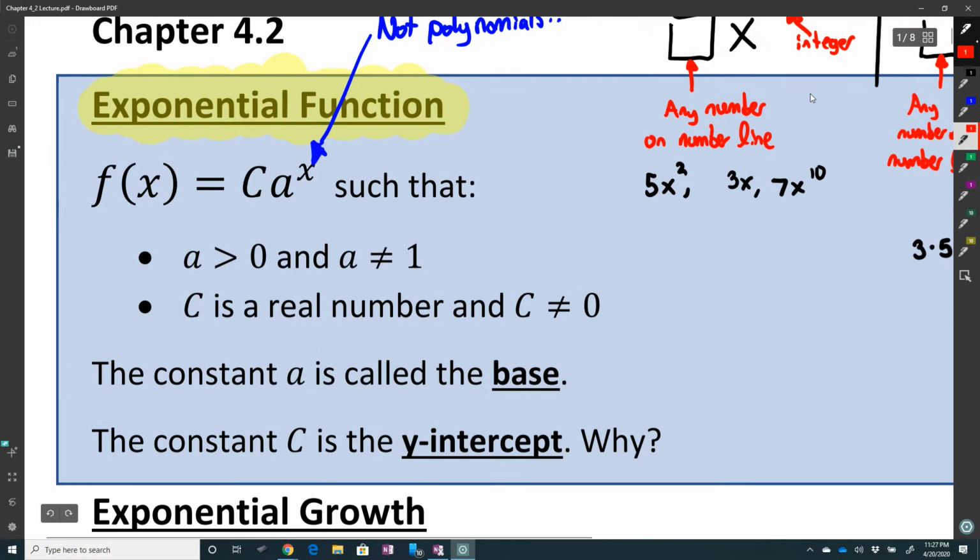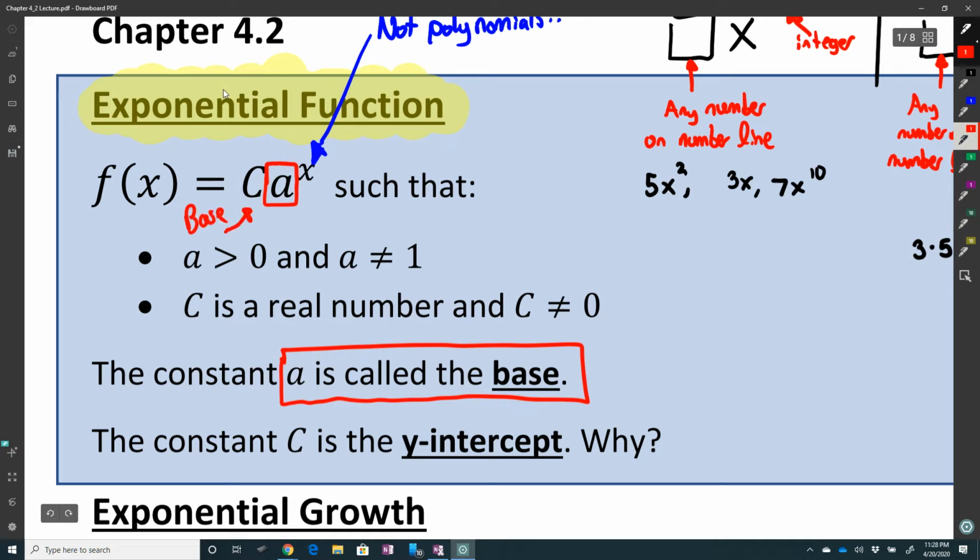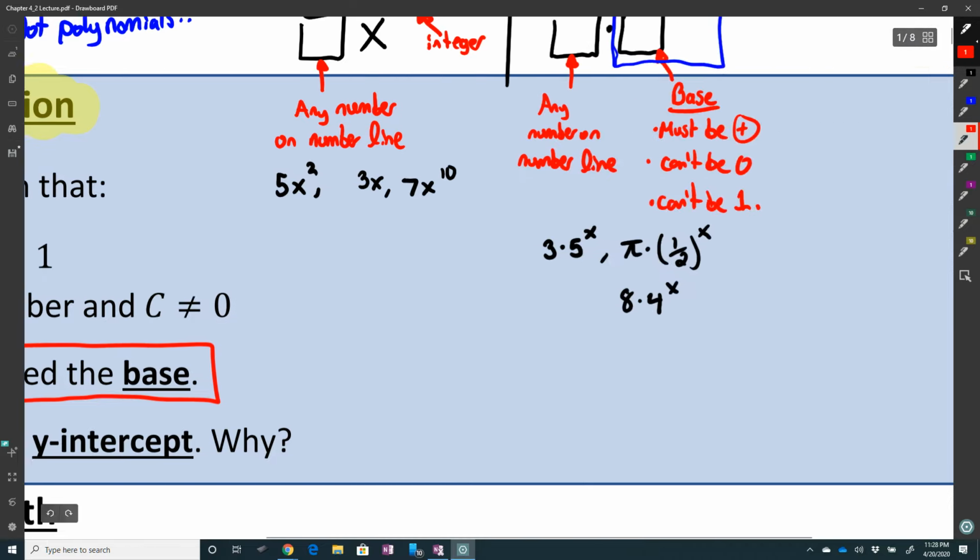So again, a is called the base. Okay, a is the number here. And so, again, we call that the base. Okay, it has to be greater than 0, so it can't be 0, but also it can't be 1, just like I mentioned over here.